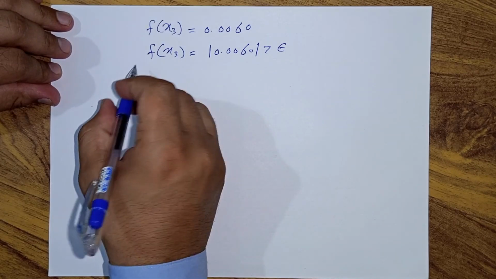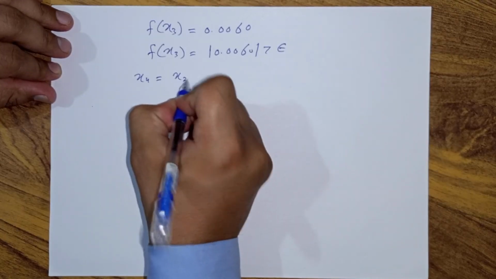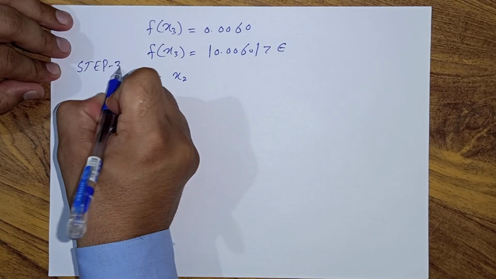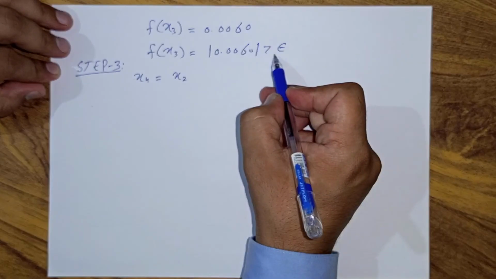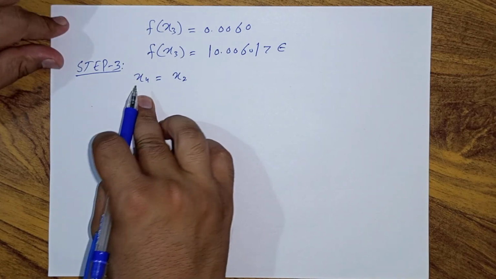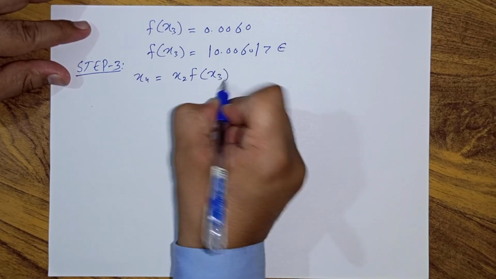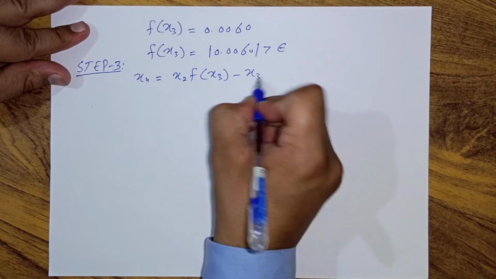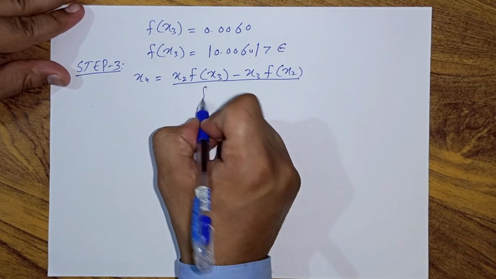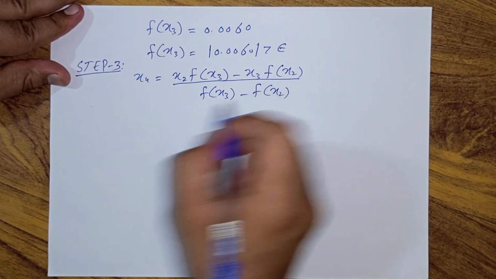Now again checking for x4. This is again step 3. Because f(x3) is greater than epsilon, we move towards x4. x4 equals x2 f(x3) minus x3 f(x2) divided by f(x3) minus f(x2).